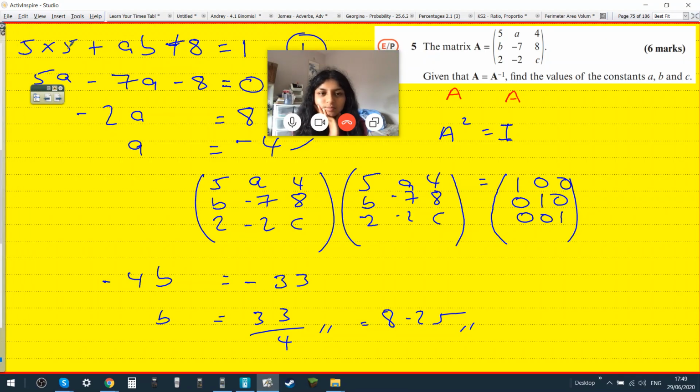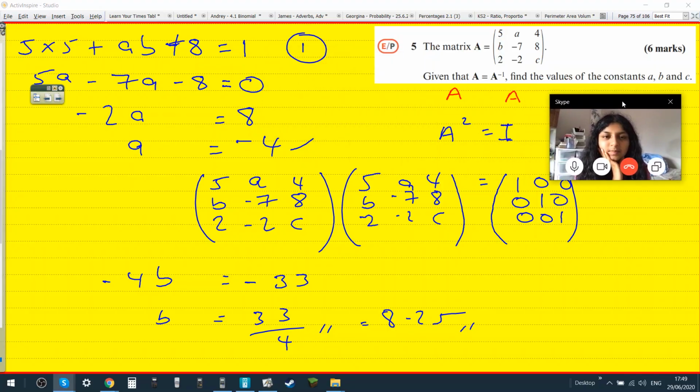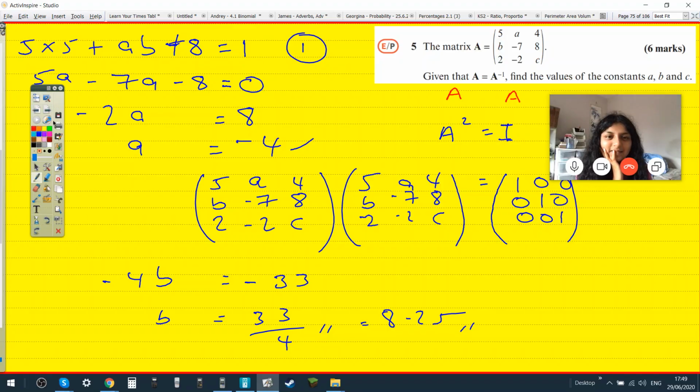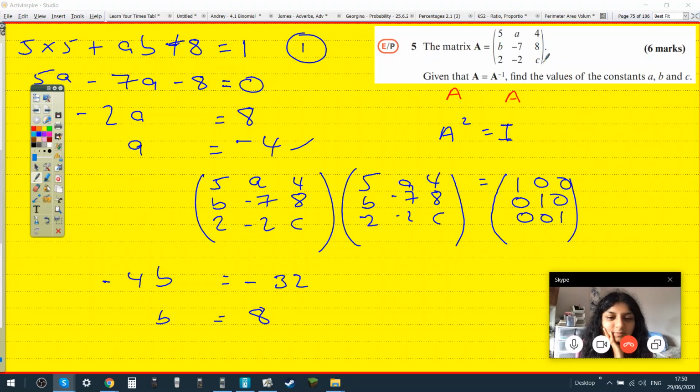We are getting 25. Yeah, we have the same thing. Am I crazy? Did you get this 33 wrong? 25 plus 8 is 33. So that should be minus 32. It's equal to 1. Oh, there's a 1. Okay, that makes a lot more sense. So that's just 8 then. No, it's minus 8. Minus divided by minus. Oh, 8. Never mind. So B is 8, and then you'd do something similar to get C.